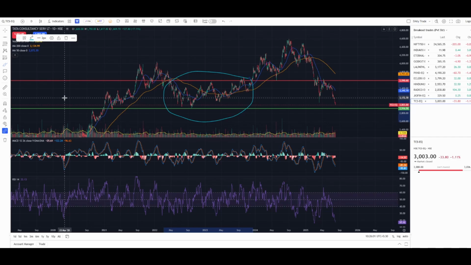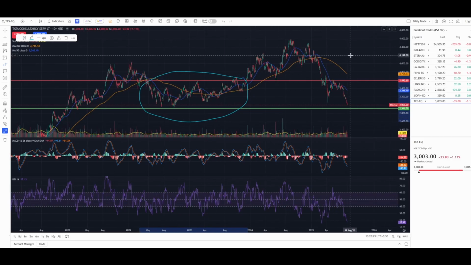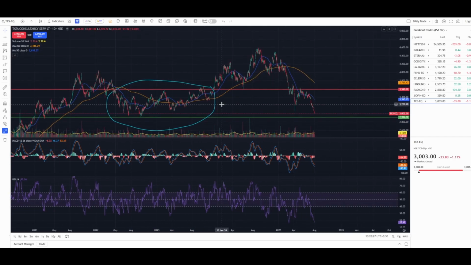If you go and check the news of TCS in that time, it will have very positive news, right? Because it's building the market sentiment. Now, what is happening here? Let's focus on this.